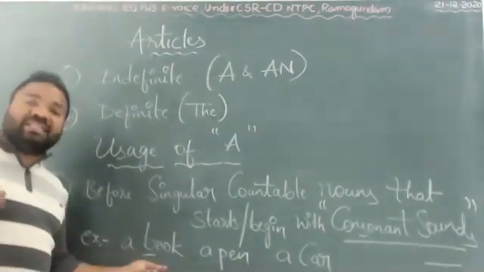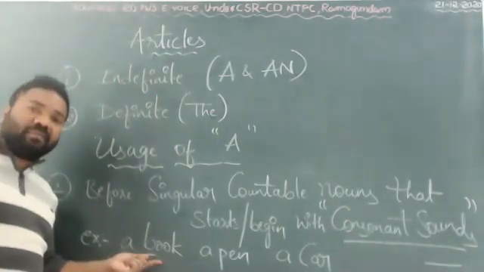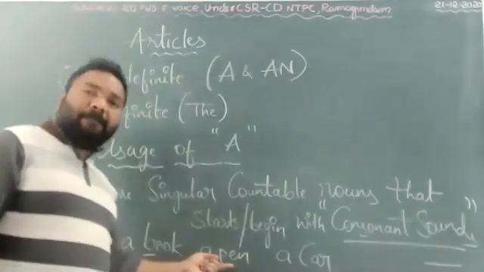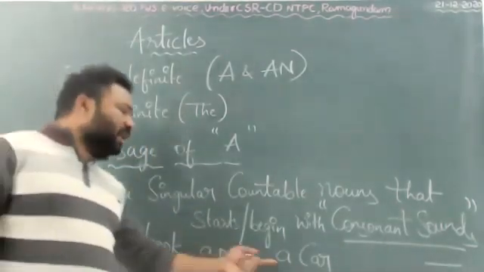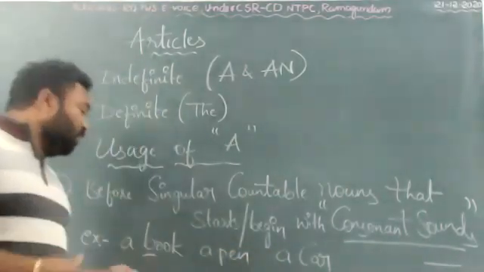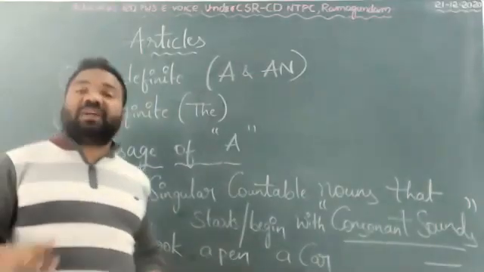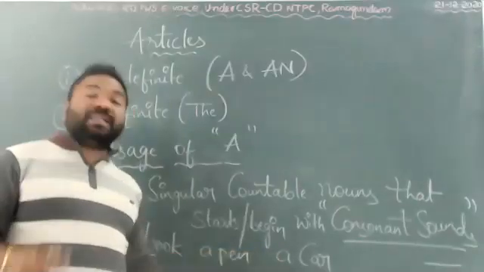No vowel sound is involved here. A book, a pen, a car. These are countables. We can count them. We can take down the count of the books, the pens as well as the cars. And this must be singular.